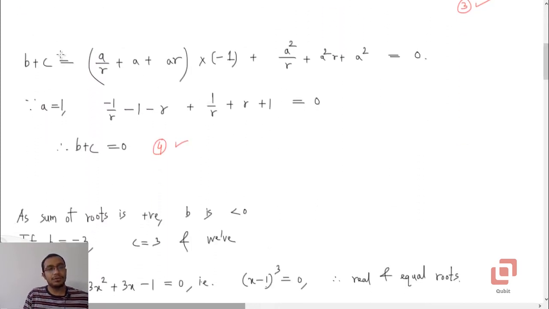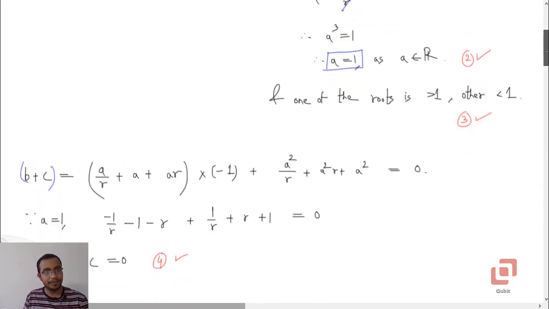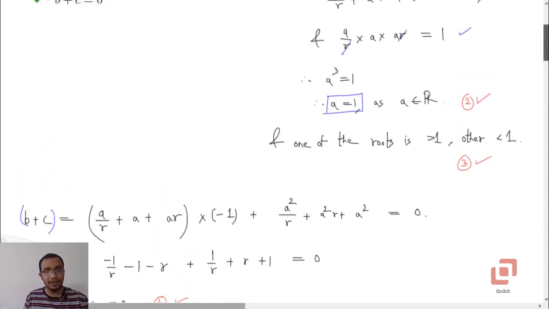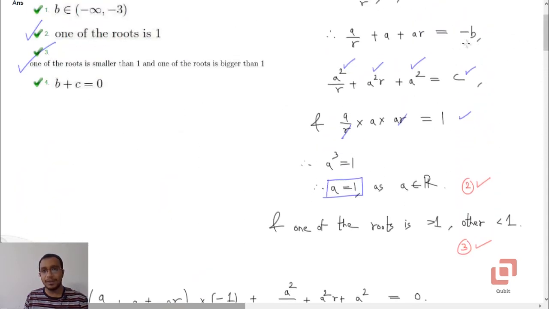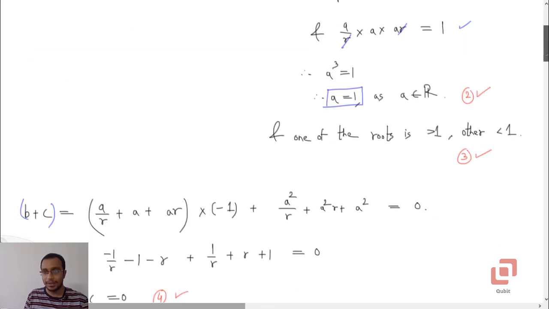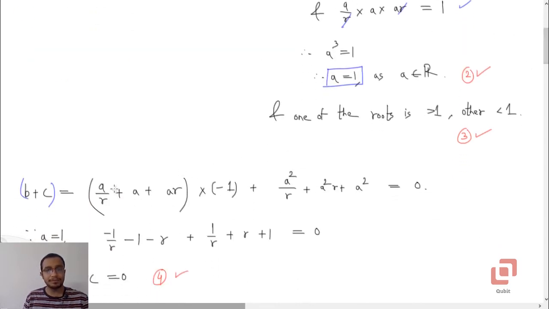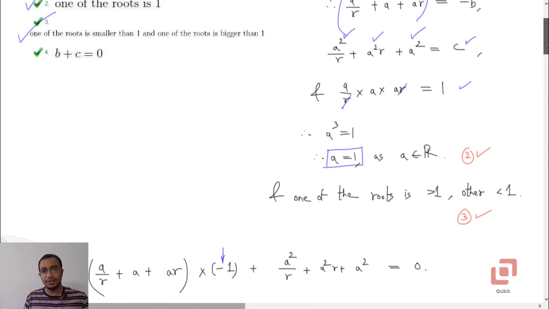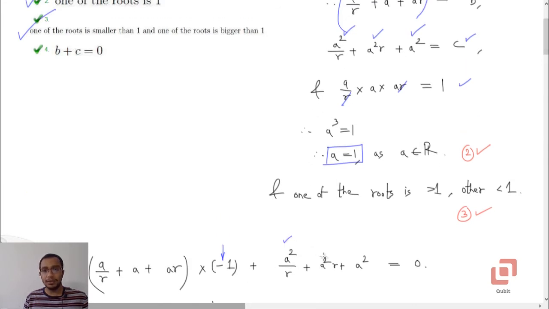So to verify the validity of the 4th option, we go to the expression in that option, which is b plus c. Now we have already found out the value of b, it is minus of this whole expression, so it is the sum of the roots a by r plus a plus ar, into negative 1, plus we already know c now, a squared by r plus a squared r plus a squared.